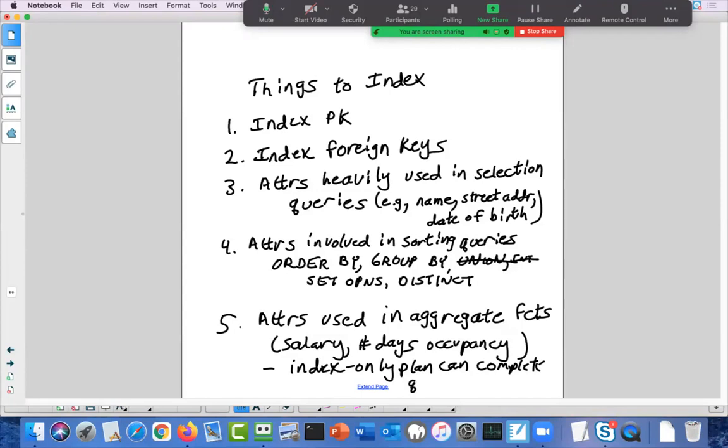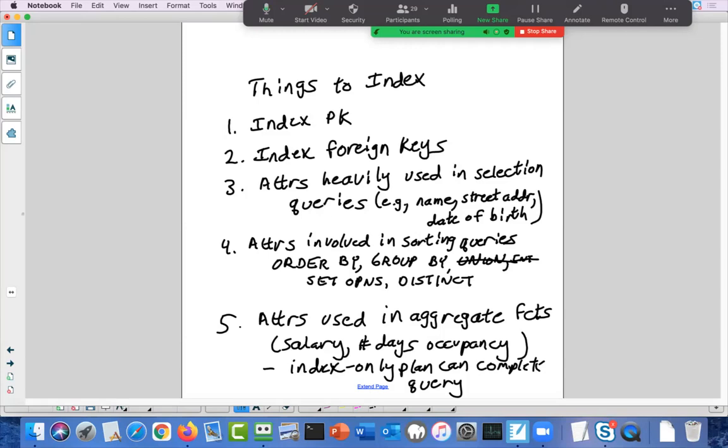So if I ask for the average salary, if I have an index on salary, I can actually compute the result without going to the physical file. I only have to look at the index because that has all the salaries in it. It even is going to have multiple pointers. If there's 5 people with the same salary, it'll have 5 pointers to those 5 people, so I'll know that there's 5 people with that salary.